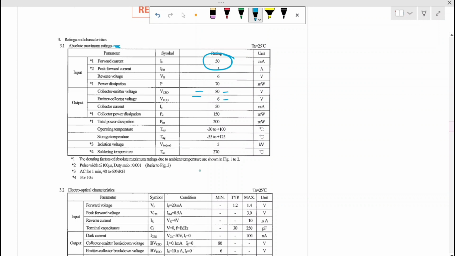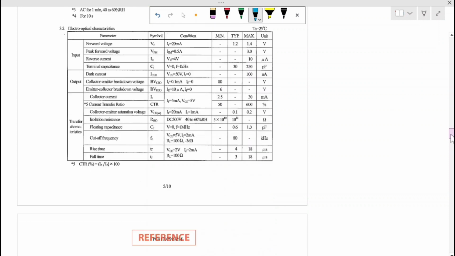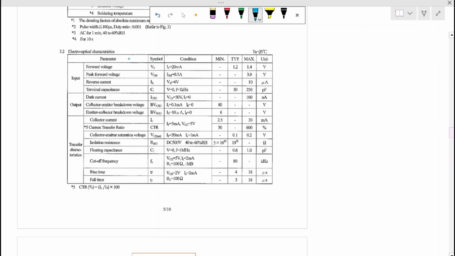So we will see another parameter here, operating. They have tested this optocoupler on IF, means forward current 20 milliampere, and the forward voltage is 1.2 typical, maximum is 1.4, but the previous IC we have seen was 2.6 and minimum 1.6 volt.